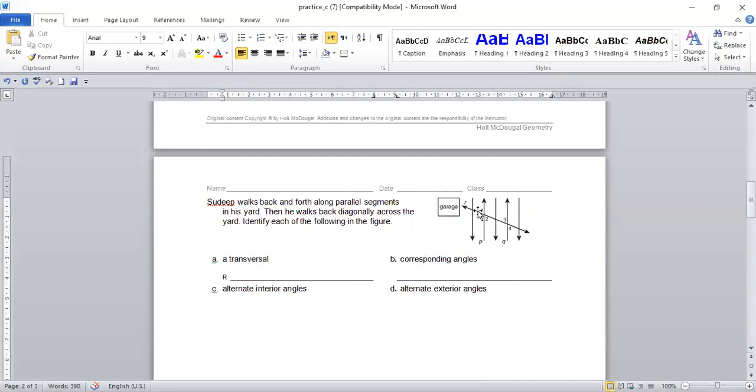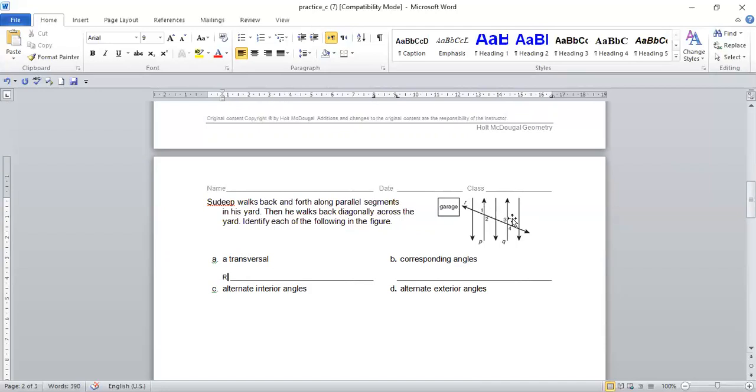Corresponding angles lie on the same side of the transversal, and they sit in front of each other, like one is sitting in front and one is sitting behind. So which can be corresponding angles from this?